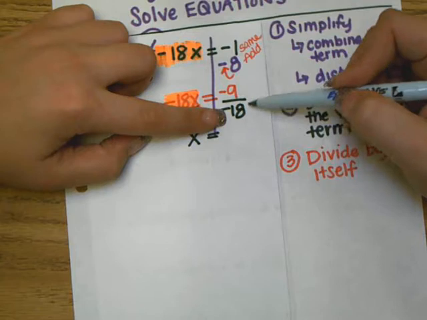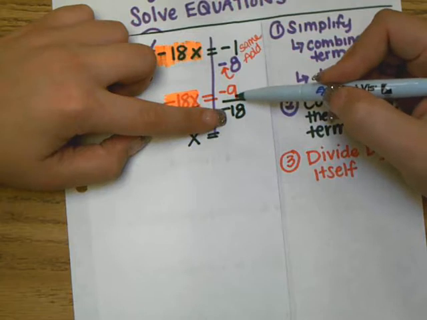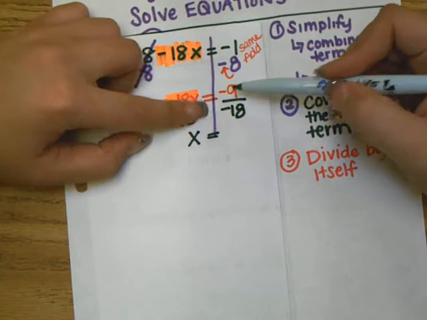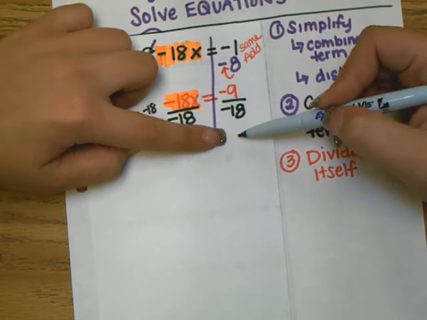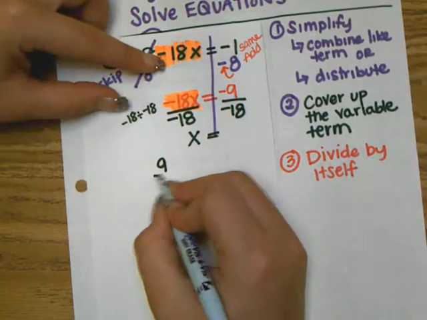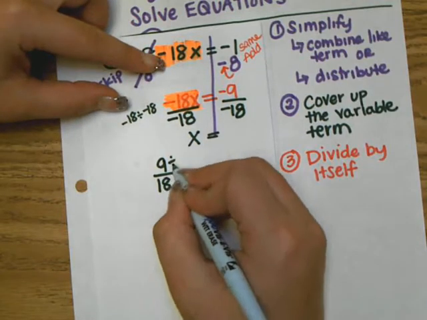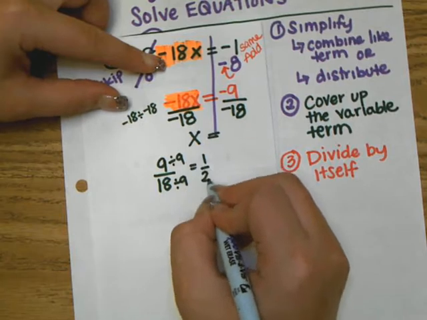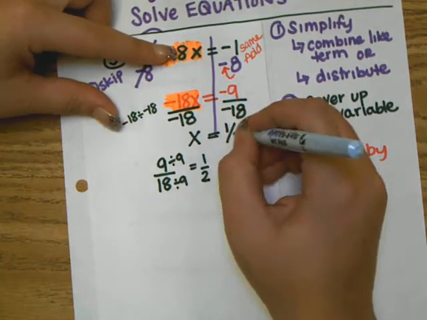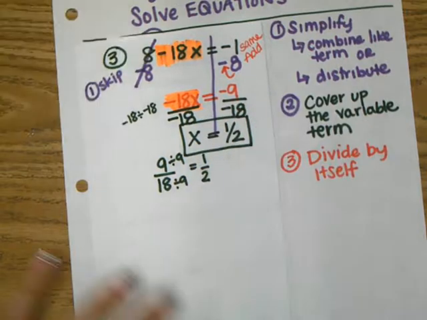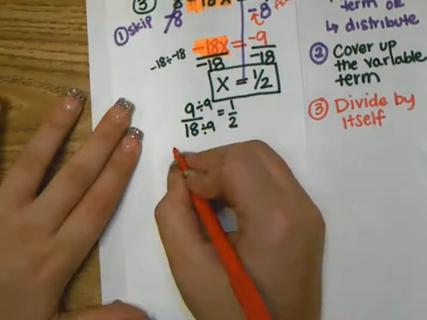So then we have a negative divided by a negative is a positive. And then 18 can't go into 9. It's going to be a decimal. So instead of leaving your answer as a decimal, just bring down what you have and simplify it. So 9/18 reduces to 1/2. So x equals 1/2.